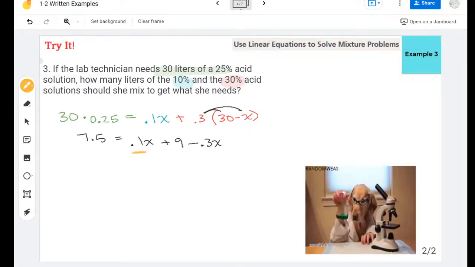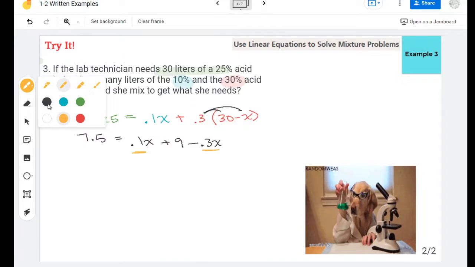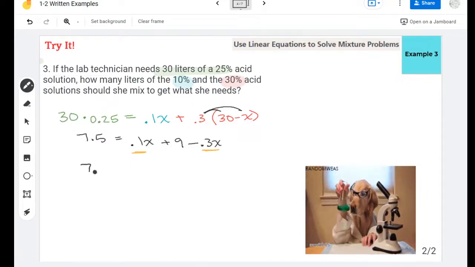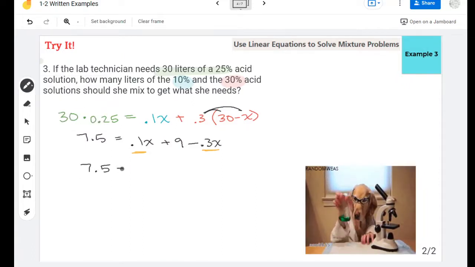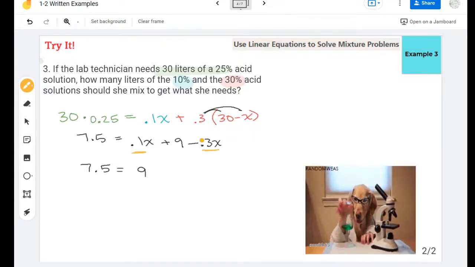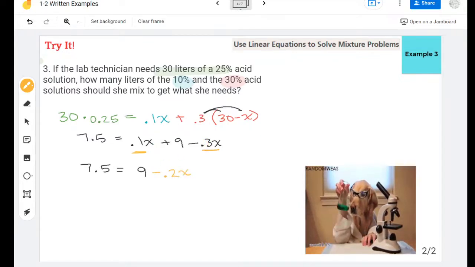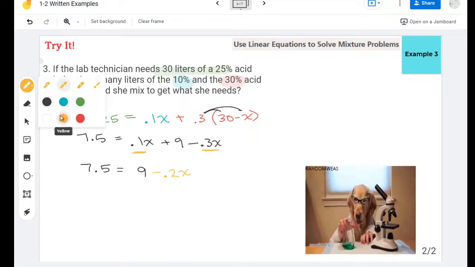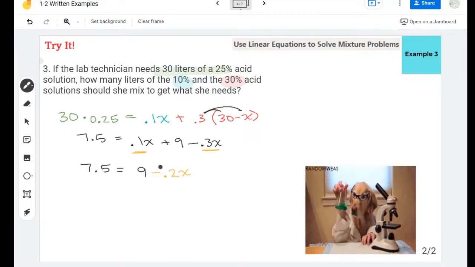Now I have this x and this x, so I need to collect my like terms, which is what I'm doing next. So 7.5 is equal to 9. And when I collect those x's, 0.1 minus 0.3 is negative 0.2 of an x. So now we're trying to get x alone.